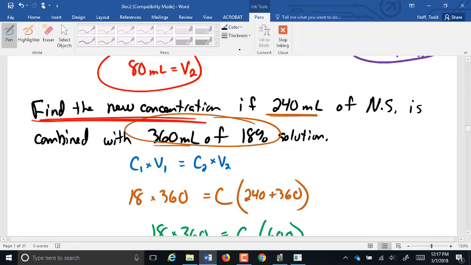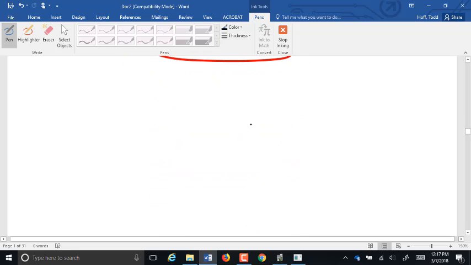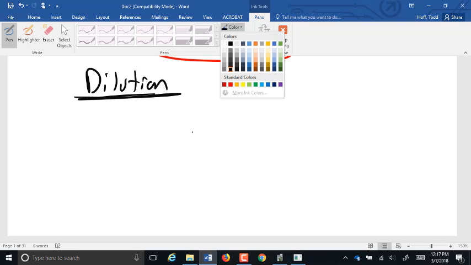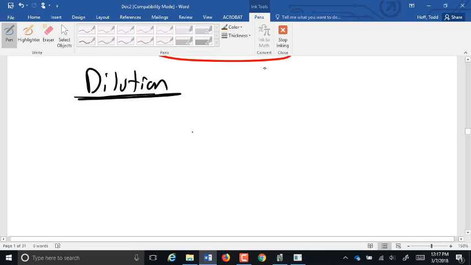Now you can see this formula here, this change of concentration formula, actually comes from our dilutions. We showed how it could actually come from our solution formula, concentration times volume equals amount of active ingredient. But it also equates to our dilutions.